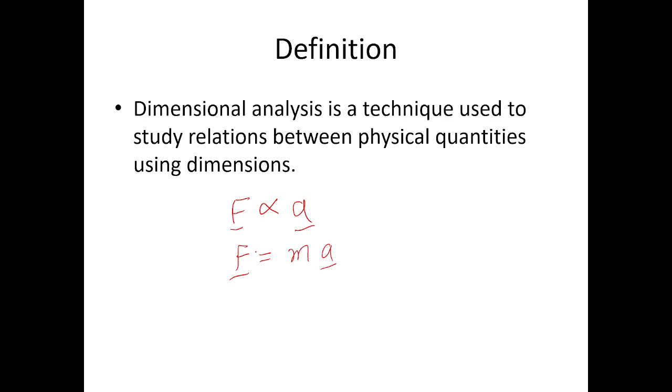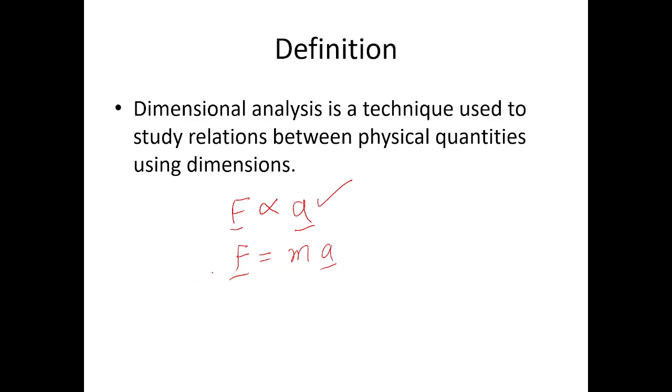So you see, in proportionality they have different dimensions. Force has a different dimension, while acceleration has a different dimension. But when we equate it, we insert a constant which corrects the dimension on both sides as well as equates them.